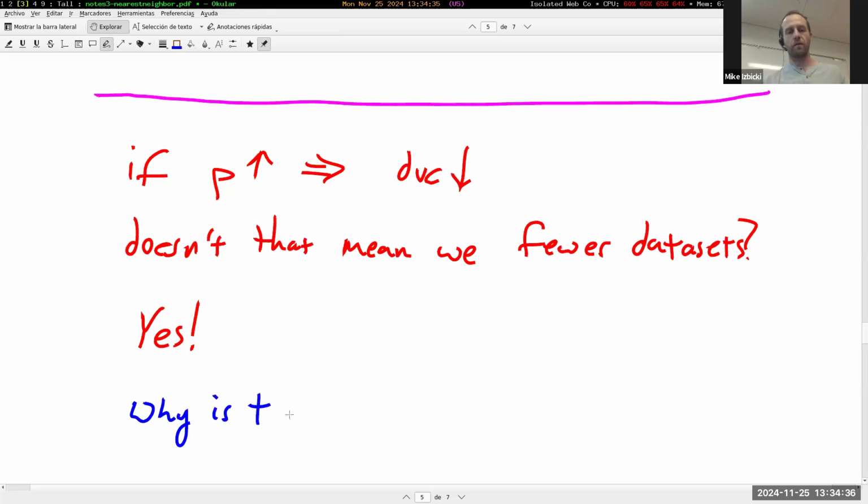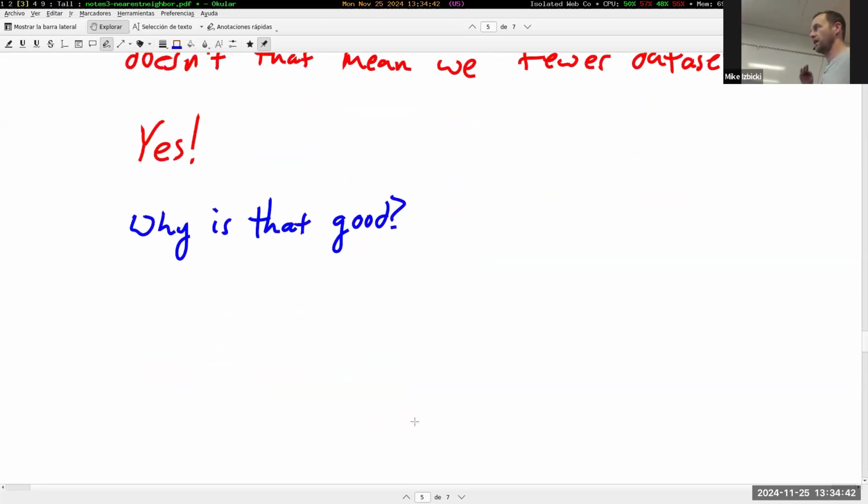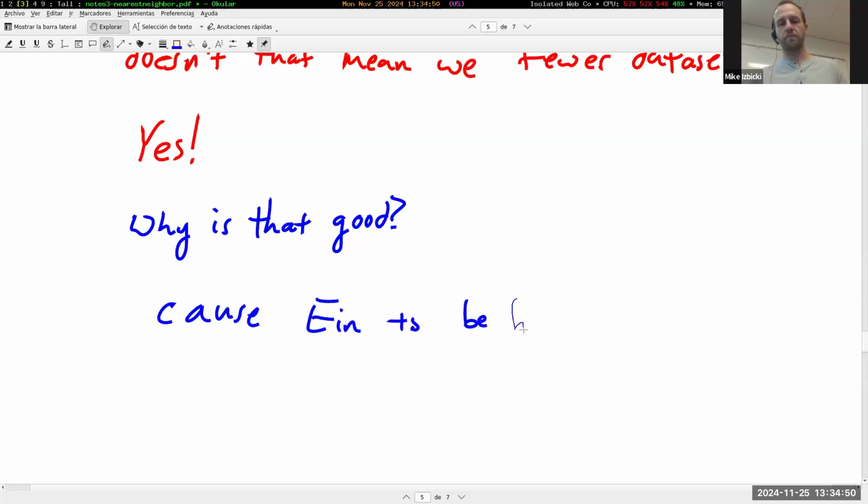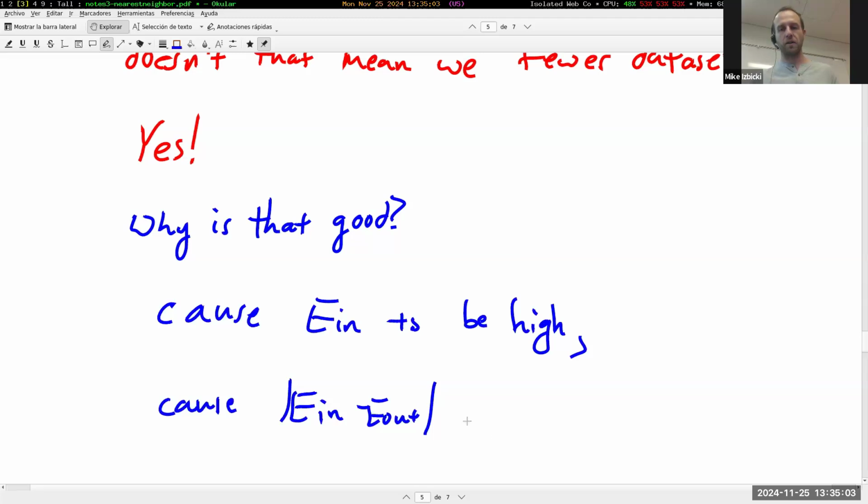Why is that good? The answer is that this might cause the in-sample error to be high, but it will also cause the generalization error, E in minus E out, to be low.